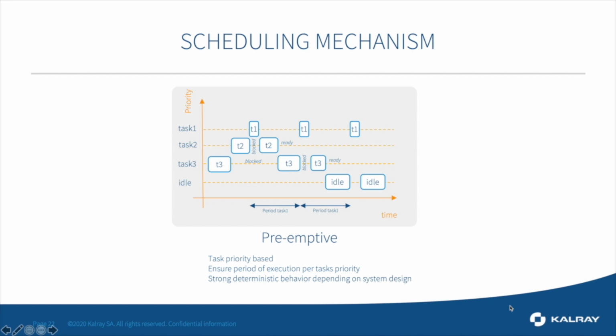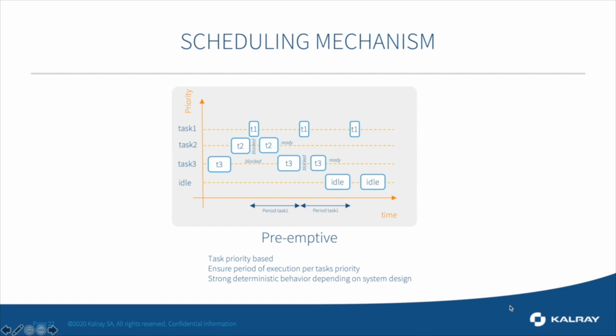What I'm illustrating here is that, let's say the system is running task 3, and task 2 needs to run. As task 2 has a higher priority, it will block task 3, so put task 3 in the blocked state, take the lead and execute.